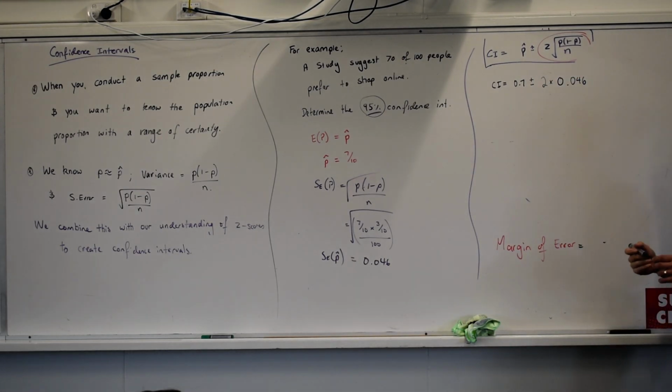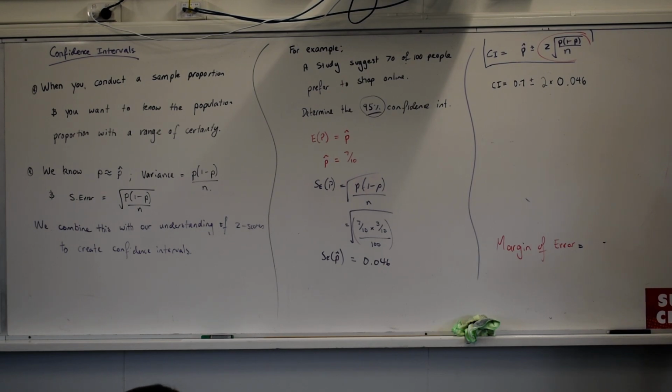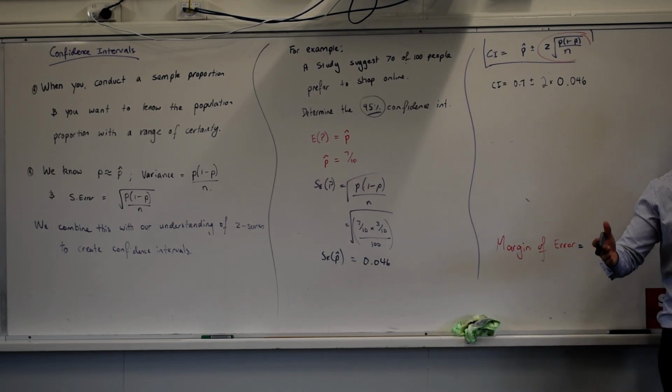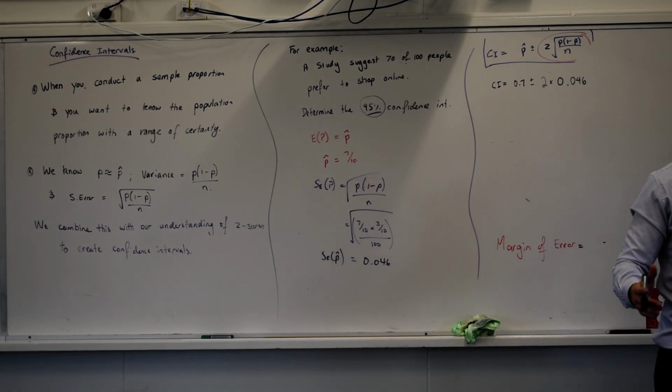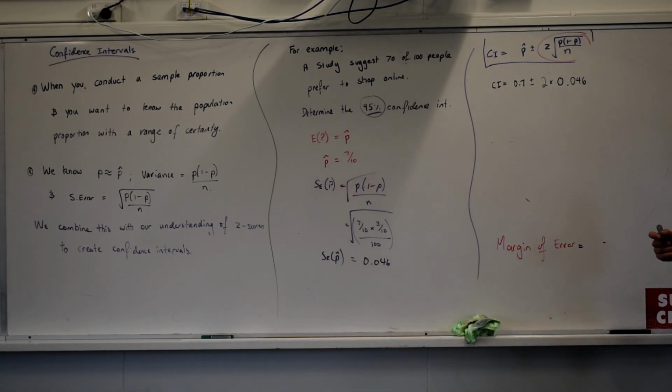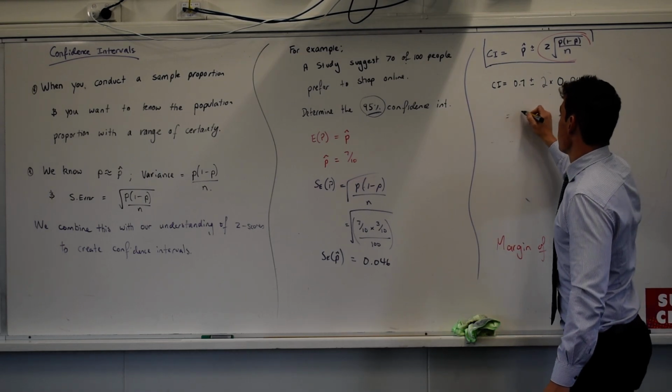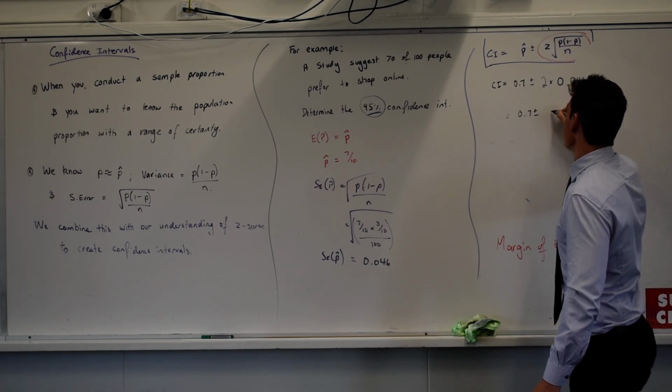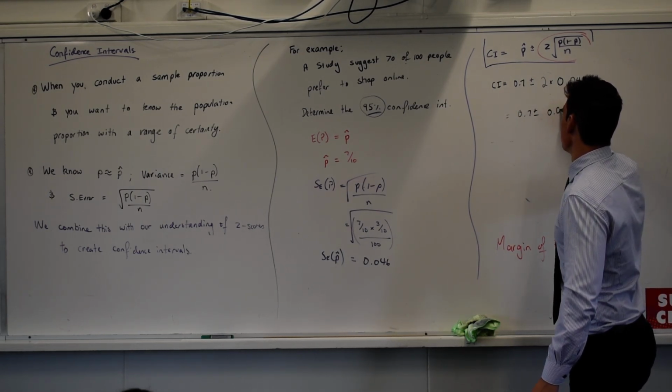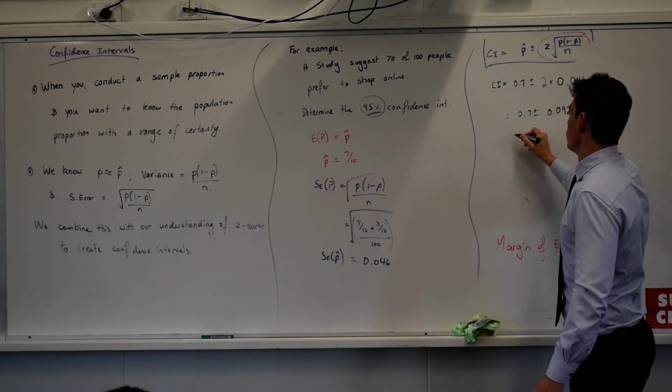Don't get confused. We want a central interval, 2 each side, because we don't know if our population proportion is less than or greater than the actual value of the sample. So we're going to go each side by the same amount. So 0.7 plus or minus 2 times that, which gives us 0.7 plus or minus 0.092.